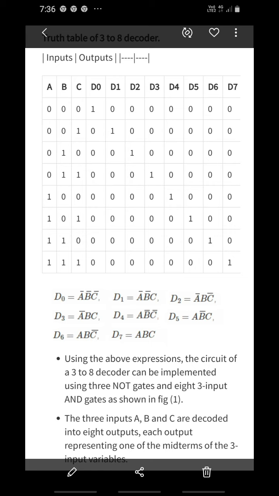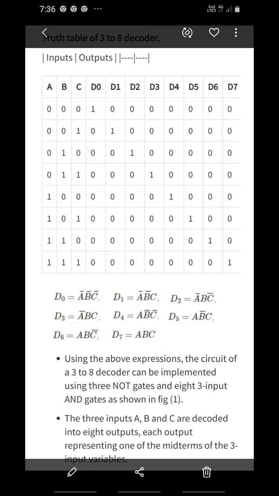Here the inputs take 0 to 7, that is, in binary form ABC: 000, 001, 010, 011, 100, 101, 110, 111. So these are the different inputs from 0 to 7.